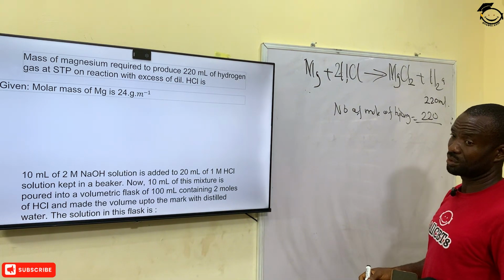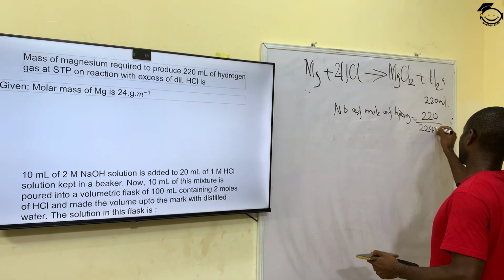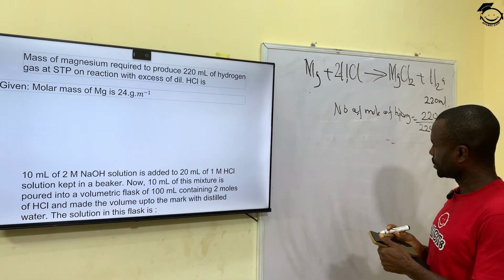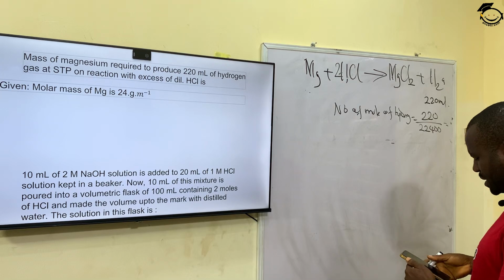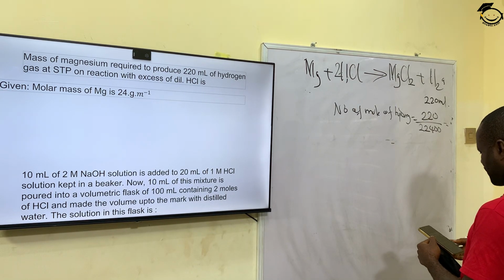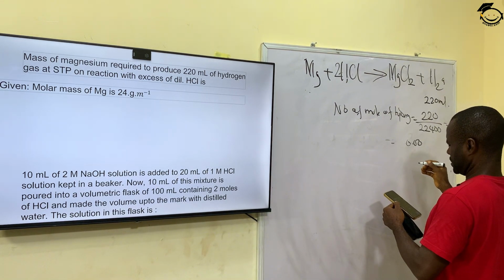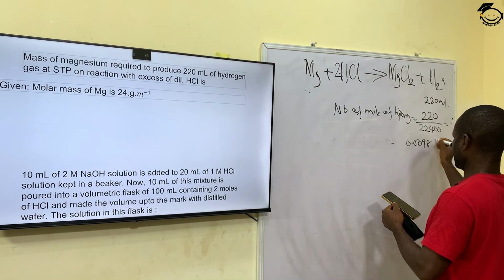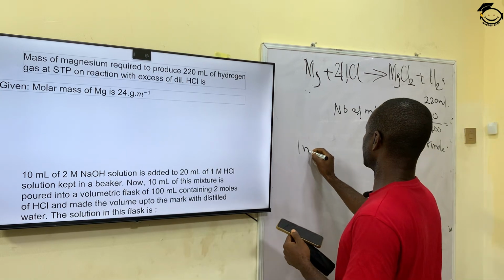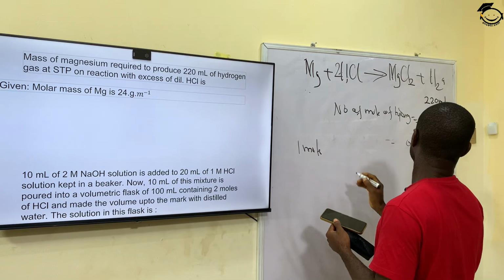You know, at STP, 1 mole of hydrogen occupies 22,400 ml. So in that case, finding the number of moles, we divide 220 by 22,400, which gives you 0.0098 moles.